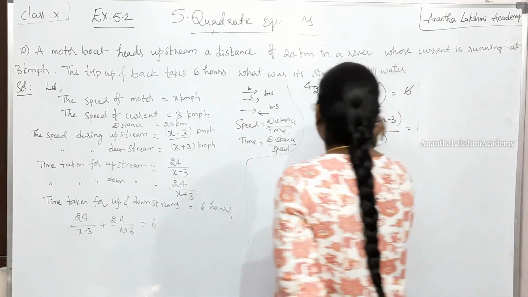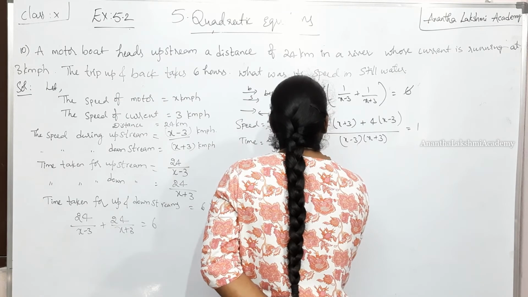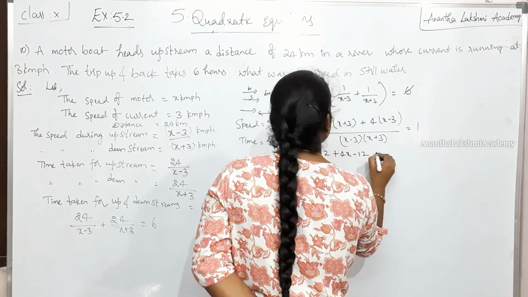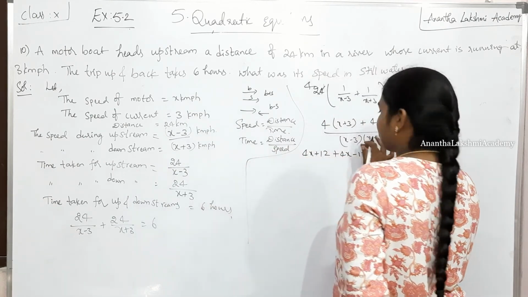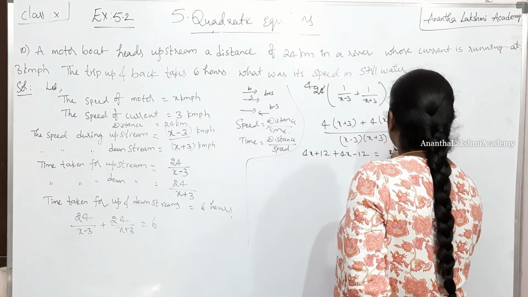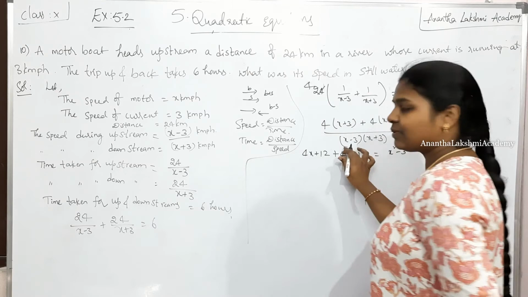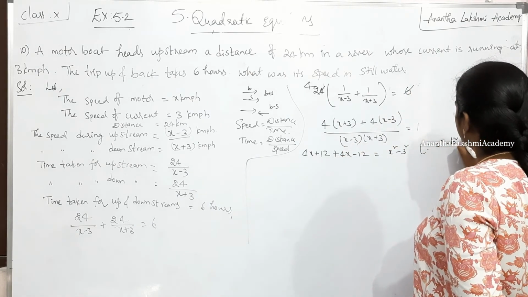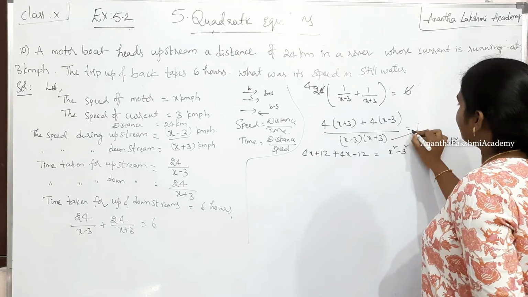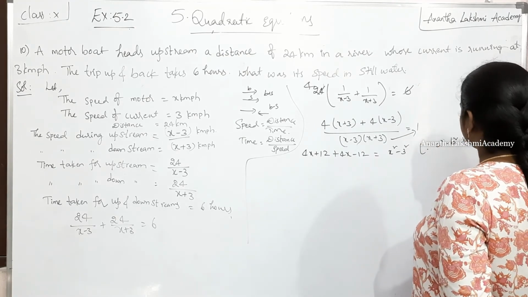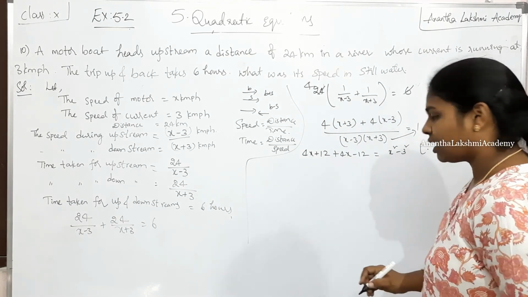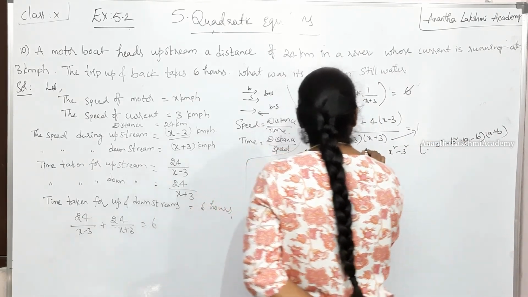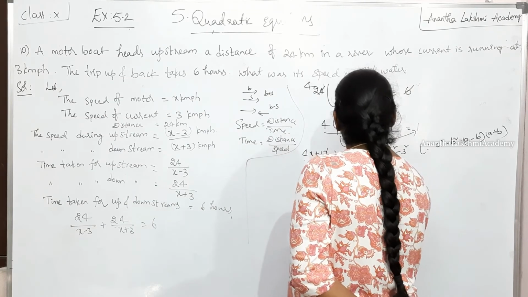Now let us take this 4 inside. 4x plus 4 3s are 12 plus 4x minus 12 is equal to, when this goes this side, x square minus 3 square. A square minus b square is equal to a minus b into a plus b. That's what I have written and sent it on the other side. Alright, now this is going to be 4x plus 4x is 8x. 12 and 12 get cancelled. X square minus 9.